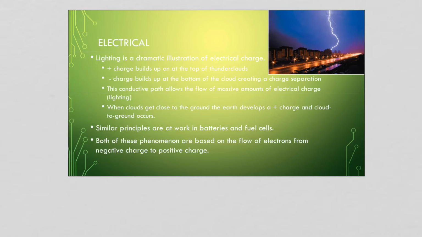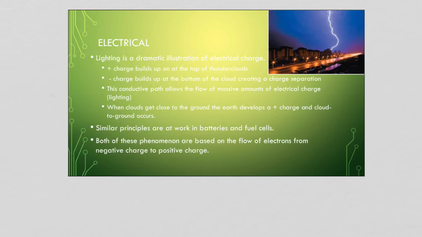Now, while lightning is a very visible example, there are many other examples of this in everyday life, such as batteries, which have this same sort of idea. They have a separation of charge within them, and when those two positive and negative areas are connected by something that allows for electrical conduction, like a wire, then you'll see discharge, you'll see flow of electrons.